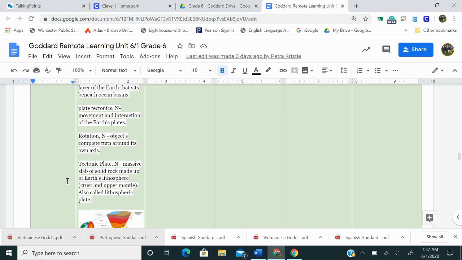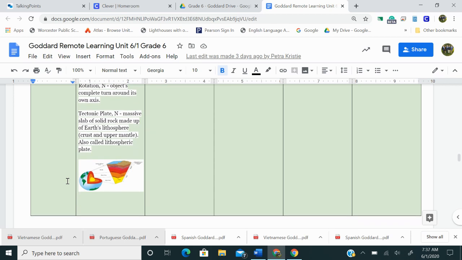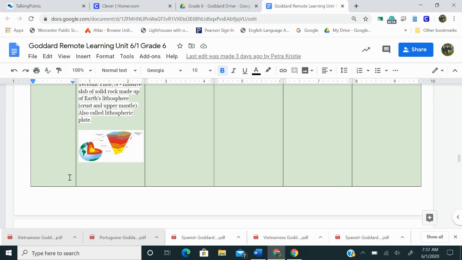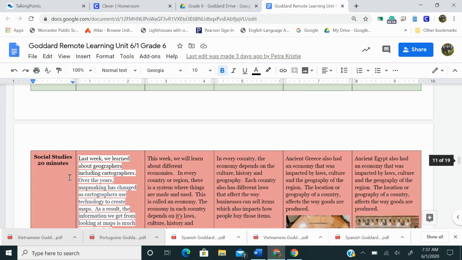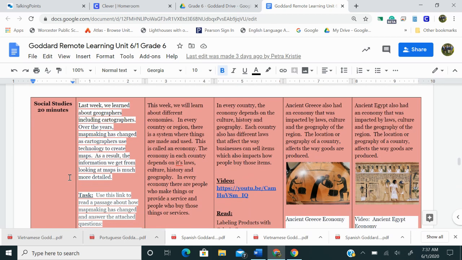So learning some really interesting vocabulary this week. And here's a visual for you to kind of see where these different things are in relation to the Earth. In social studies, last week we learned about geographers, including cartographers. Over the years, map making has changed as cartographers use technology to create maps.